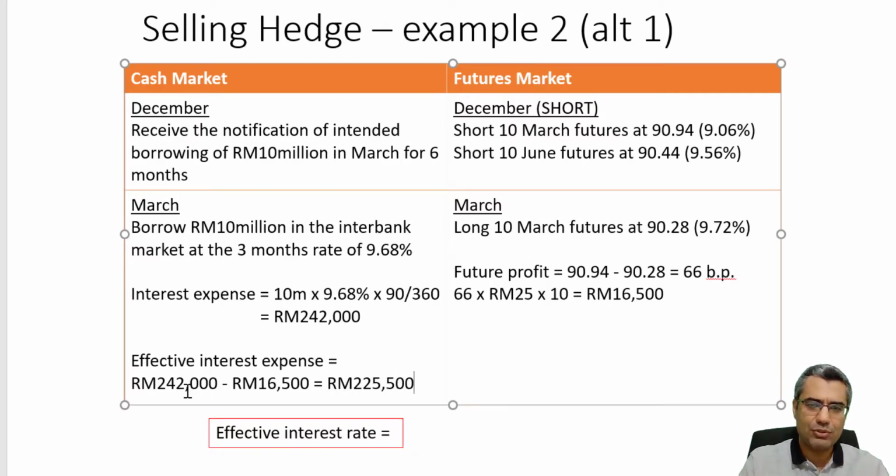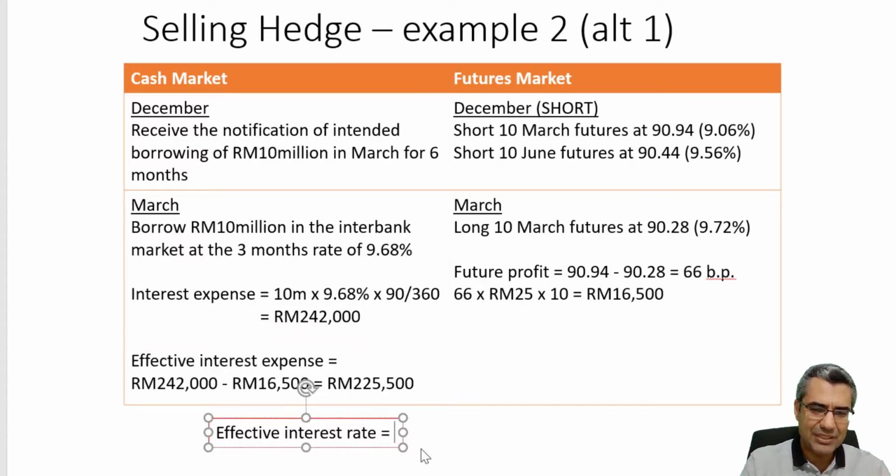This is the net interest expense, right? So the interest expense I paid on this 10 million ringgit based on the 9.68% is 242,000. But I have some profit from the futures contract from the short in the March futures contract. So I deduct, and then the effective interest expense is 225,500.